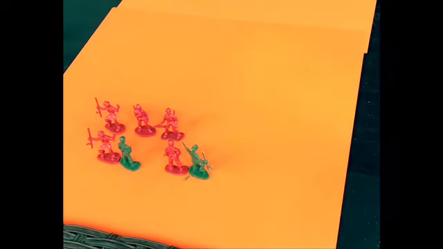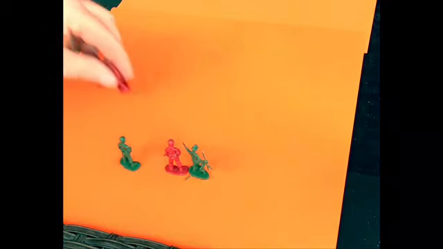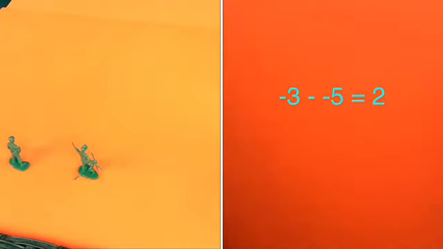Do I have enough using my 0 pairs that I could take away 5 negative soldiers? Yes, I do. So I'm going to take away my 5 negative soldiers, which is the best thing we can do for our country. And we end up with positive 2. So negative 3 minus negative 5 equals positive 2.